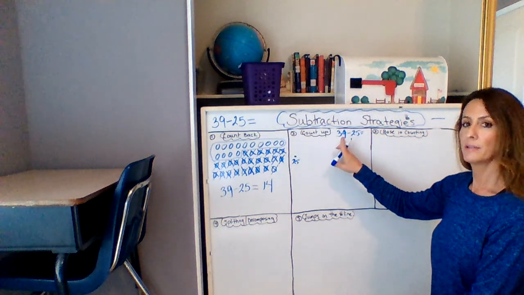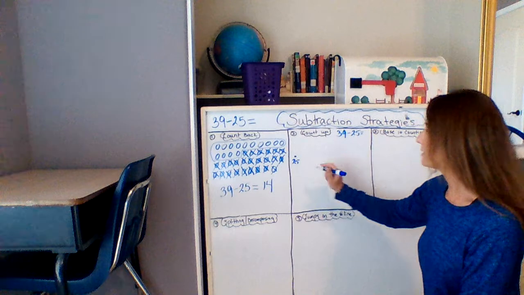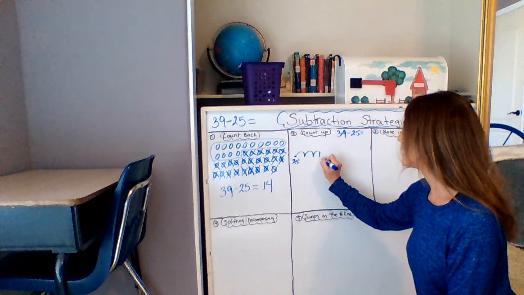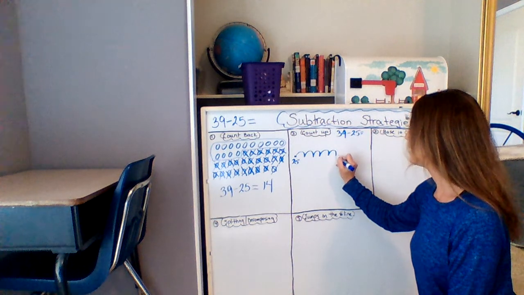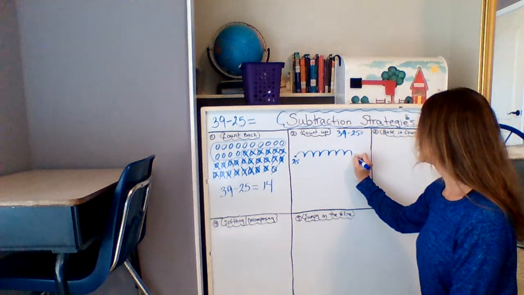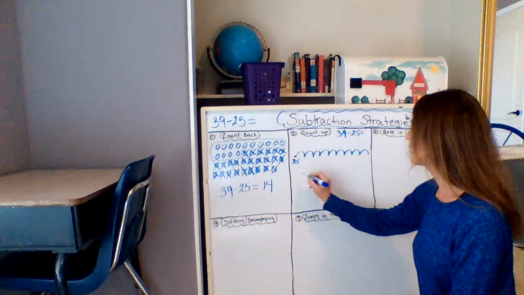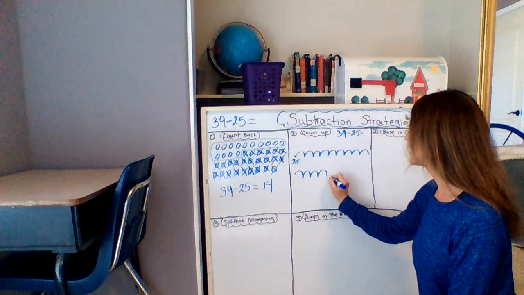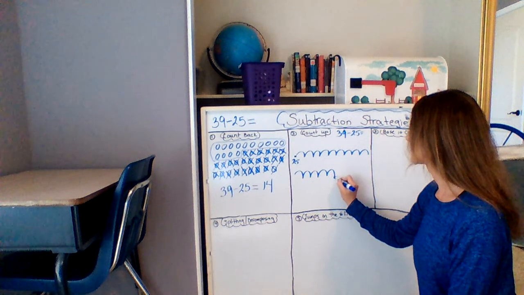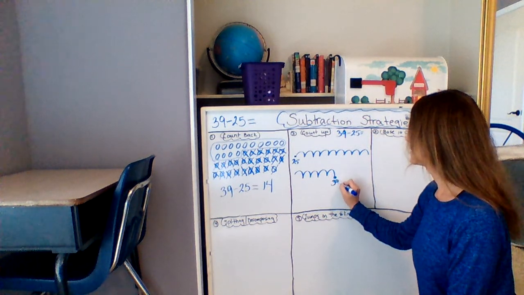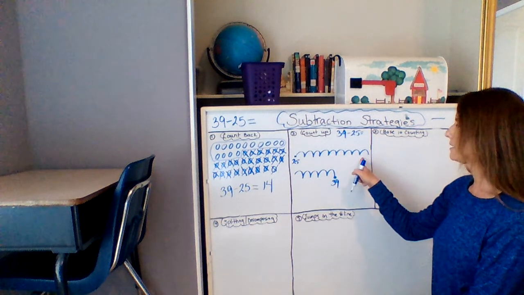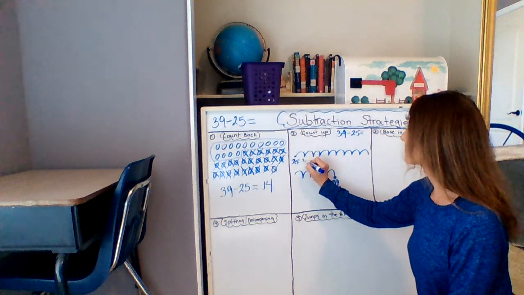And we're going to count up to 39. Okay, so I start at 25, 26, 27, 28, 29, 30, 31, 32, 33, 34, 35, 36, 37, 38, 39. There's my 39.